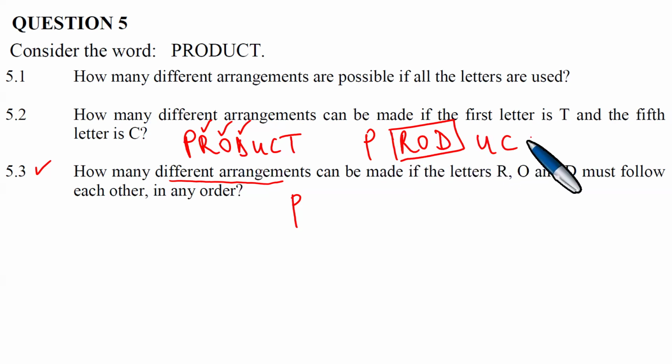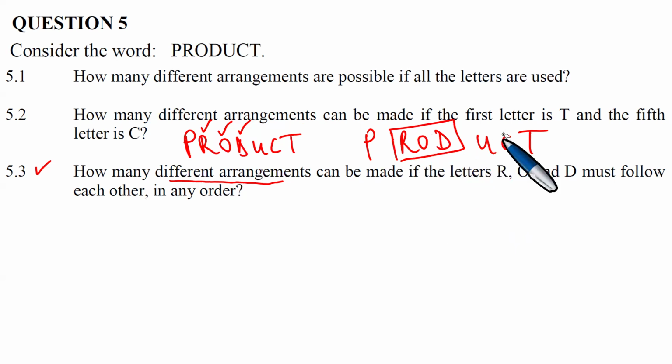So we take the word product, ROD are grouped together, and then we have UCT sitting outside. The P is in the beginning. So now we have 1, 2, 3, 4, 5 things to deal with. We have a total of 5 objects to deal with.